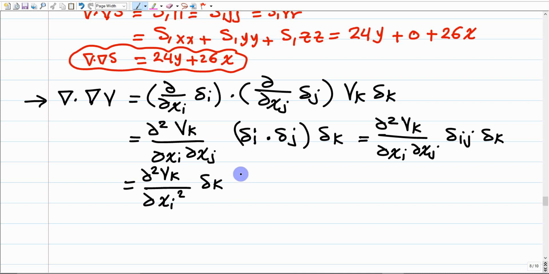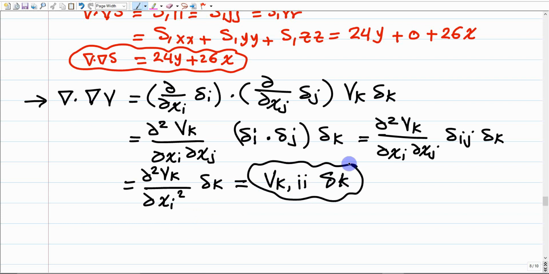It looks like you're finding the second derivative of a vector, kind of, right? If you decided to use k, no problem. Or if you decided to use another index, also no problem. So we can type this one, if you decided to use the comma, as v_k comma ii. It means that this is the second derivative with respect to i for the component v_k, and this is going to give us another vector as delta k.